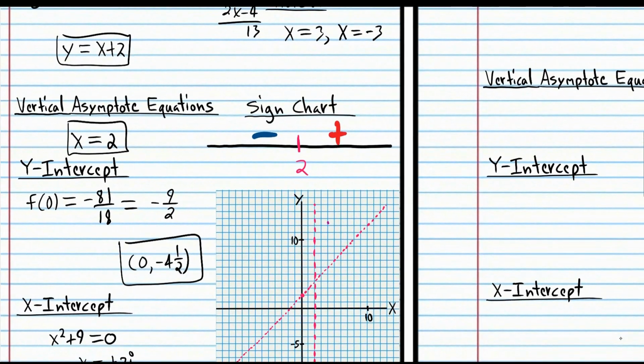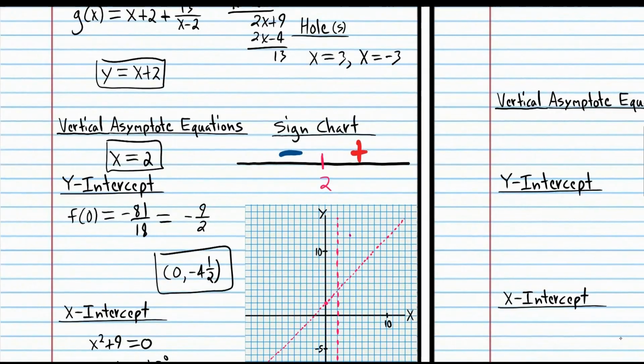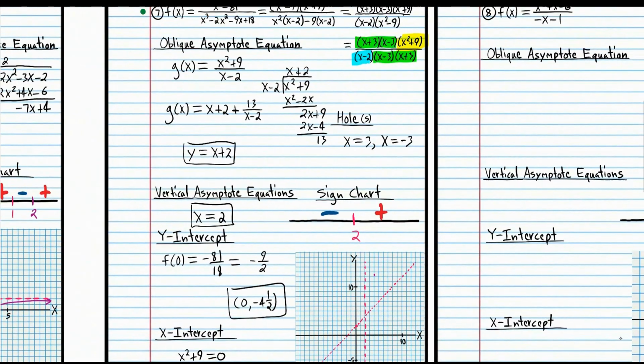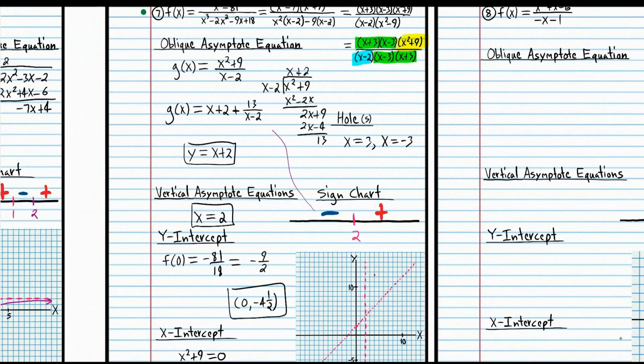And let's plug in 6, and we get 45 divided by 4, which is 11.5.